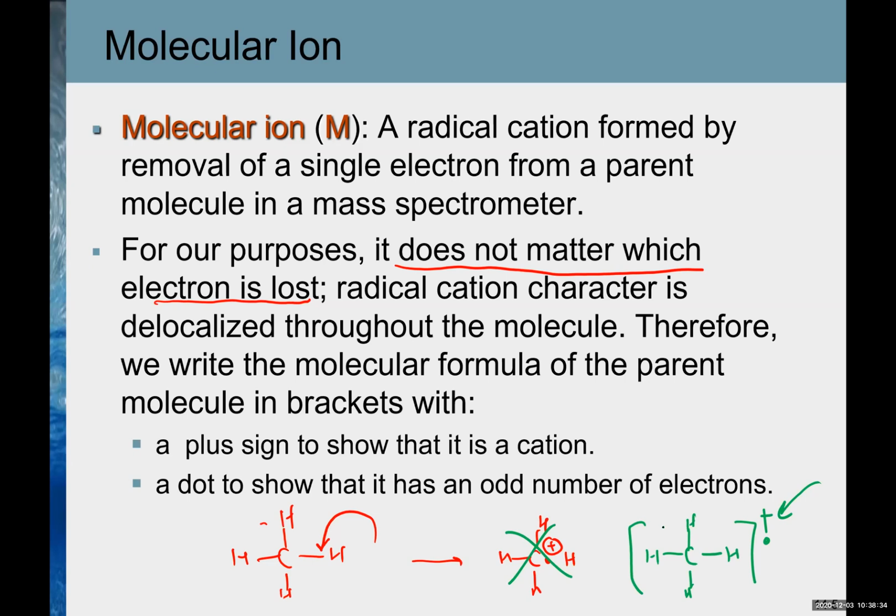Now, to answer another question, in some cases we do know which electron is preferably removed. For example, lone pairs are easier to remove than the sigma bond. Similarly, pi bonding electrons can be easily removed as compared to sigma bonding electrons. So when we know where the electron is getting removed, then you can show it.